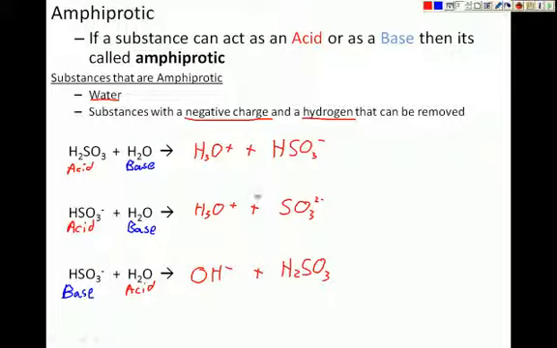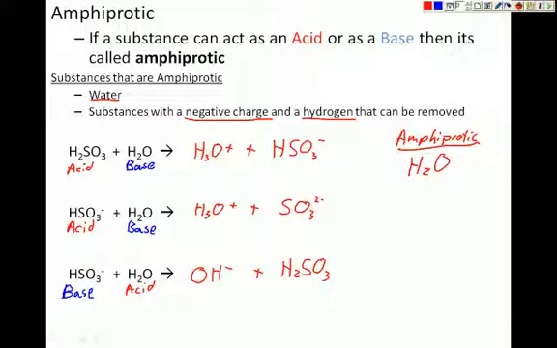Okay, so which ones are amphiprotic? Well, let's just take a look. Something that can act as an acid or a base. Clearly, H2O can act as a base here, and H2O can act as an acid. So amphiprotic here is H2O.